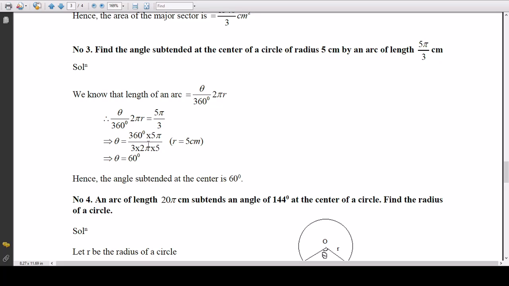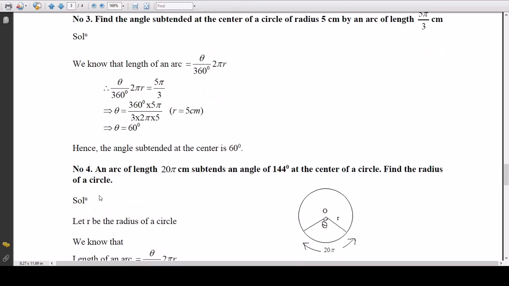Therefore cancelling 5 with 5, you'll have 360 divided by 6, which gives us 60 degree, isn't it? Hence the angle subtended by this arc at the center is 60 degree.